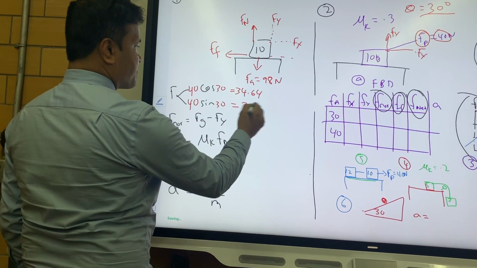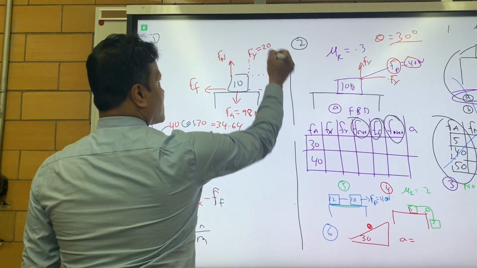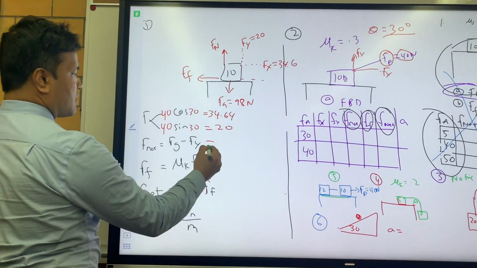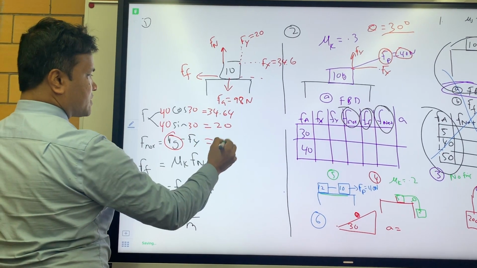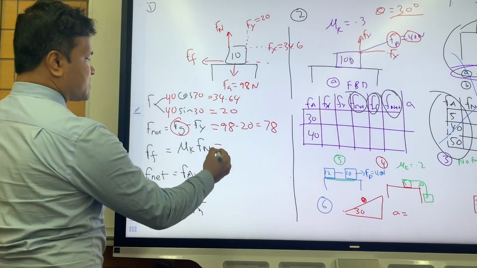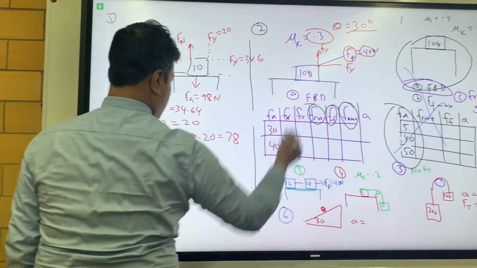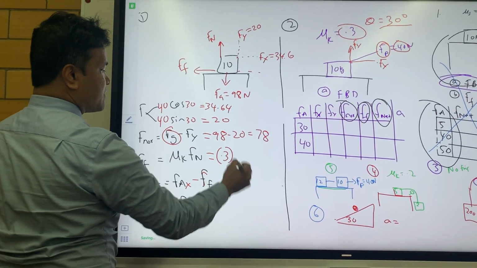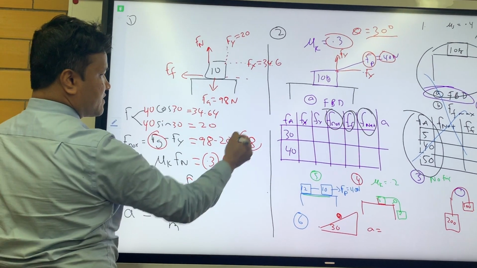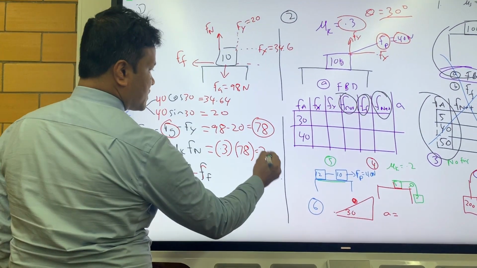And this is 20. So Fy is 20, Fx is 34.6. Fn is 98 minus 20, so this is 78. I have mu k, mu k is 0.3. So 0.3 times Fn, what is my Fn? Fn is 78. So what is it? 23.4.